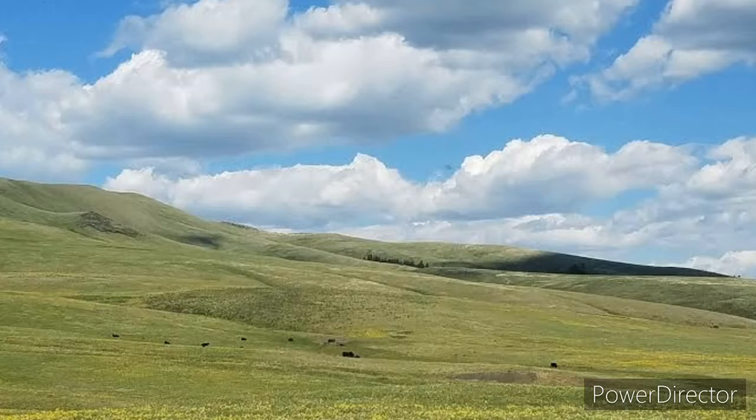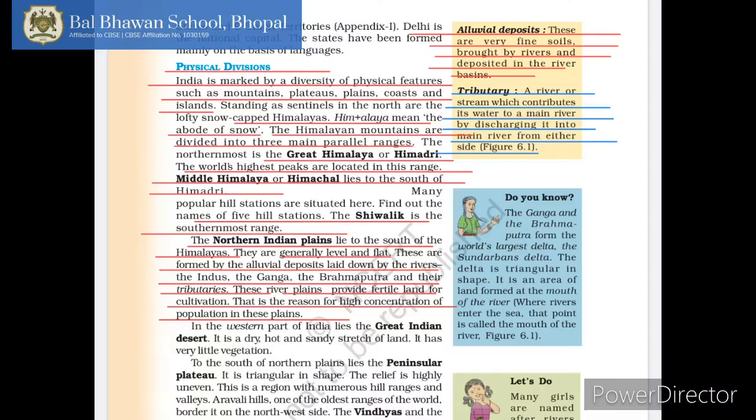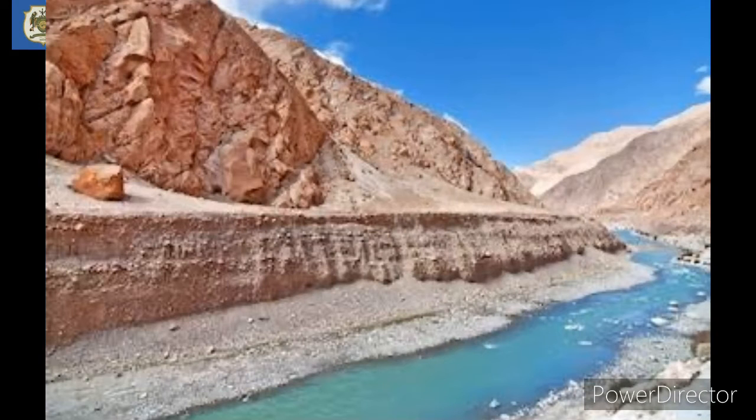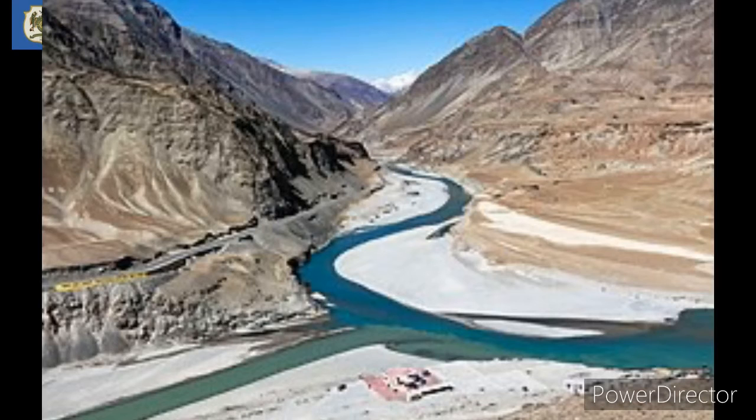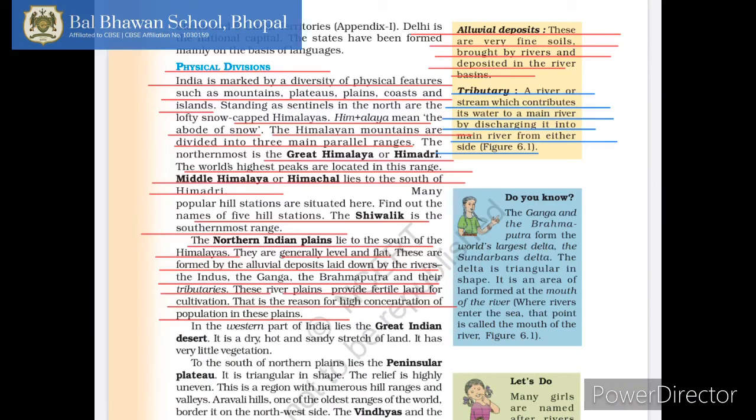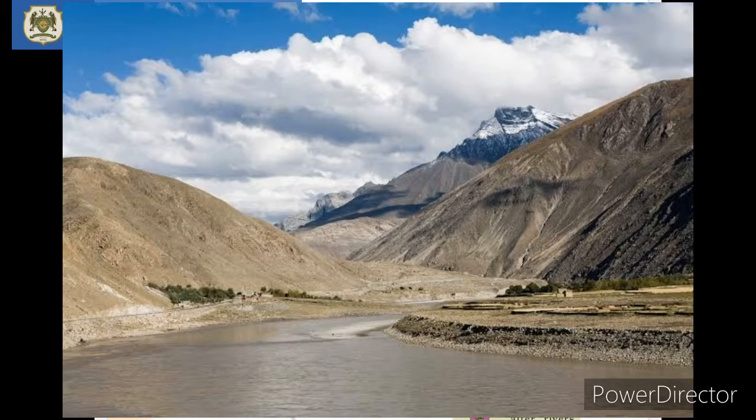These are formed by the alluvial deposits laid down by the rivers Indus, Ganga, Brahmaputra and their tributaries. Before explaining this line, let us understand what alluvial deposits means. Alluvial deposits are very fine soil brought by rivers and deposited in the river basin.